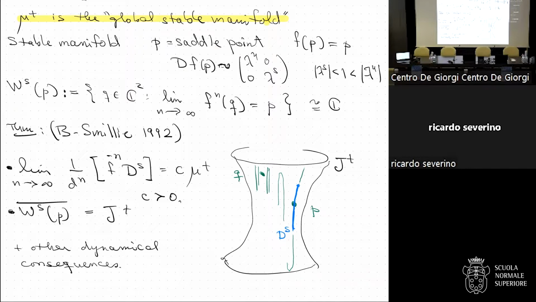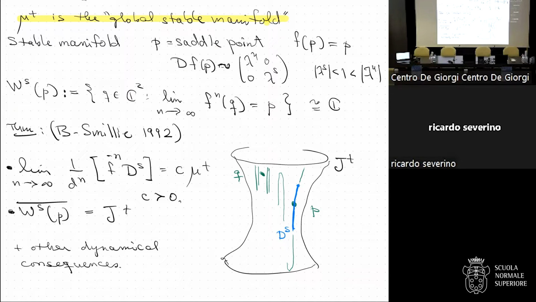In particular, it tells me that the closure of any stable manifold is going to be exactly J plus. It also tells me that every point of J plus has to be in the support of mu plus. Is that possible?